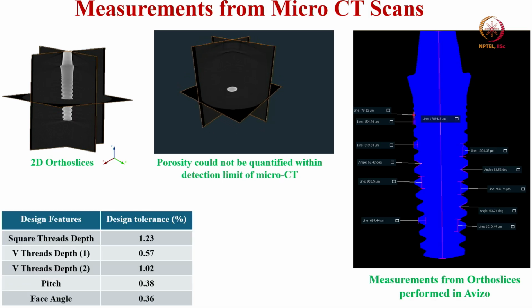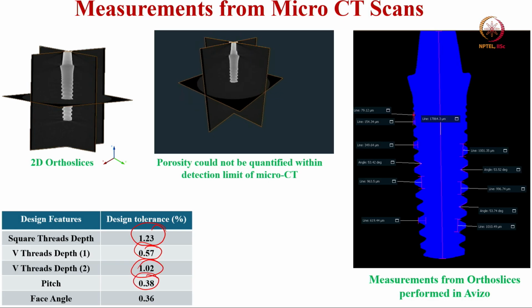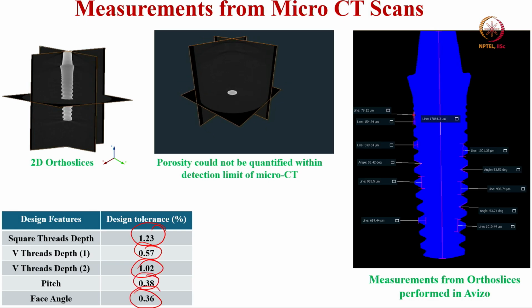For example, for the square threads, we found the design tolerance is within 1.23%. V square depth is 0.57, V threads depth is 1.02, pitch is 0.38, very good, and face angle is 0.36. These are measurements from ortho slices performed in Avizo analysis.